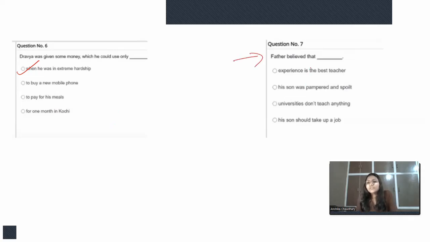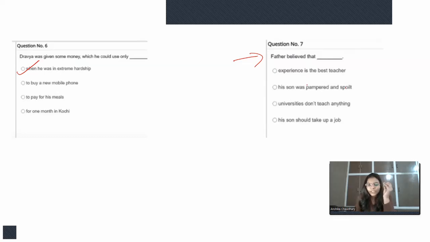Moving next. Father believed that experience is the best teacher. His son was pampered and spoiled. Universities don't teach anything. His son should take up a job. See, the primary goal of the father was to make his son feel the life lessons, to feel what the actual struggles are, right?